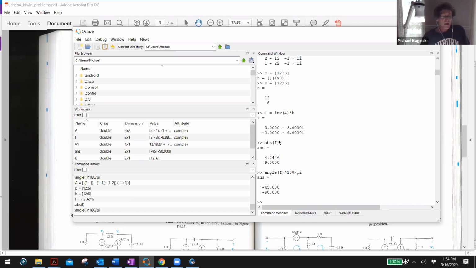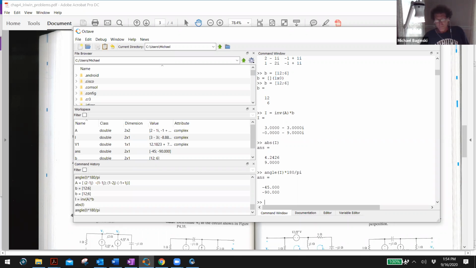So what you should have got, if you're doing it right, now I'll ask for the answers in polar, would be a magnitude of 4.2426 and 9 for I1 and I2. And then the angle for I1 should be minus 45, and the angle for I2 is minus 90.